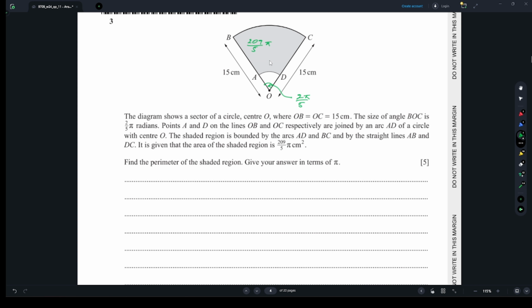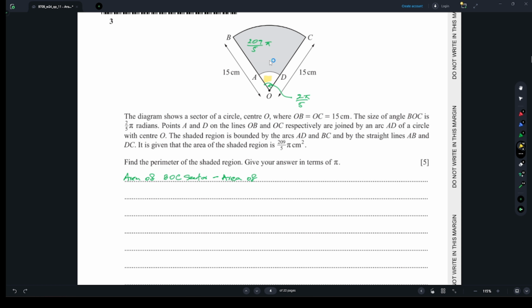So I can write here the area of the BOC sector, that means the whole part, and then I can subtract the area of AOD, that means this white color part.